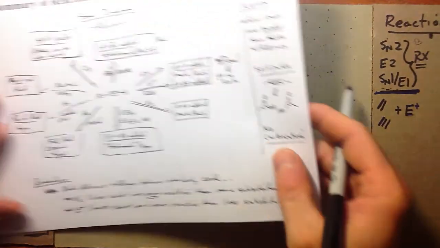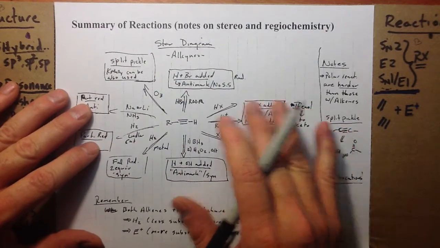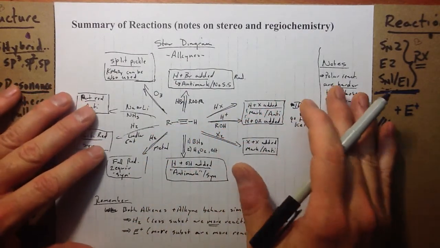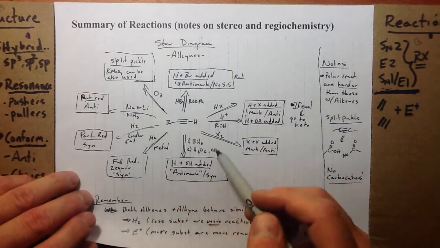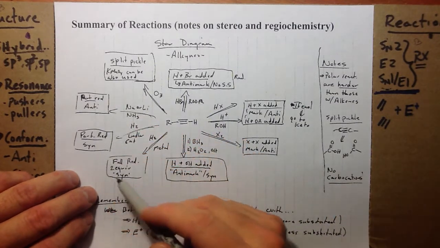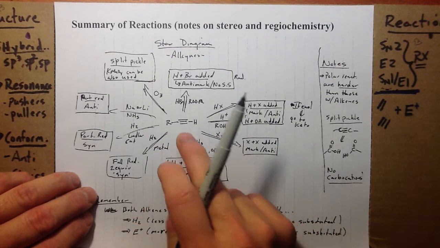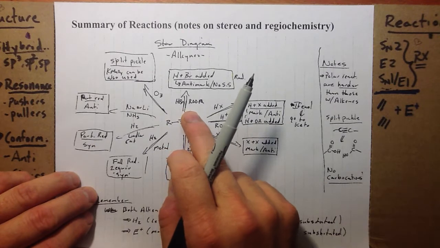Before I do that, I just want to mention we will come back to the star diagram as we close our discussion on alkynes, just like we closed our discussion on alkenes with a star diagram or spider diagram. I'll point out the notes needed for discussion of alkynes with acids and HBr with peroxide.